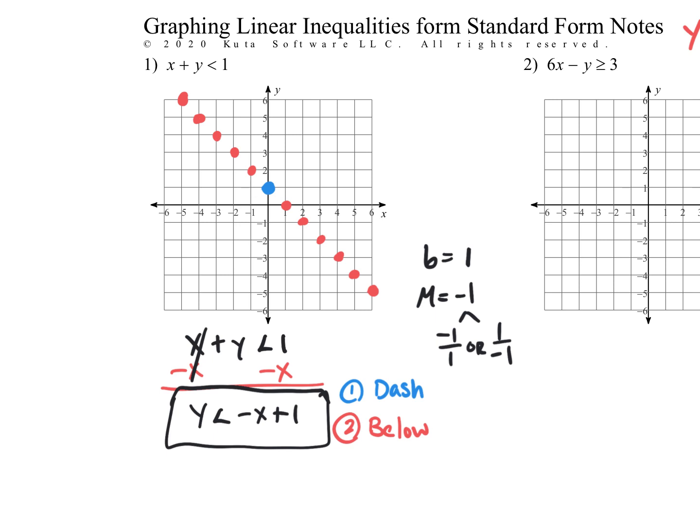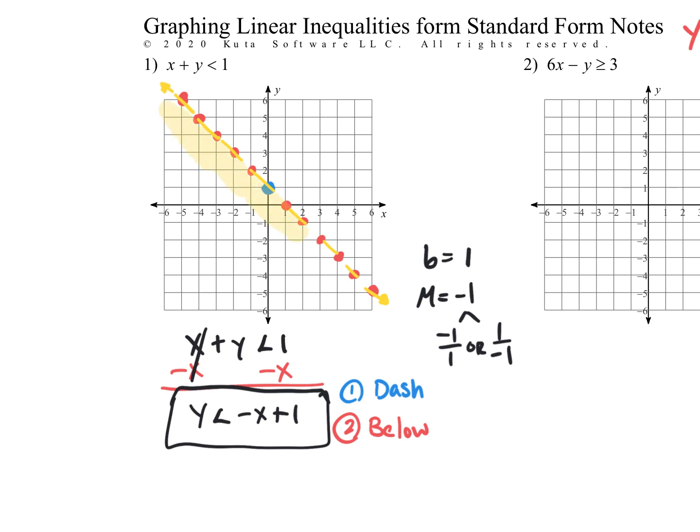Now we've got to complete it. It is going to be a dashed line, so we just draw our dashed line all the way through here. And then they ask you to shade where? Below. So you have to choose the bottom part.